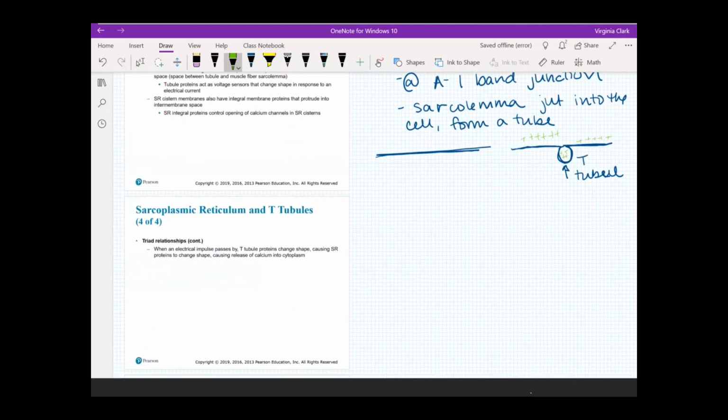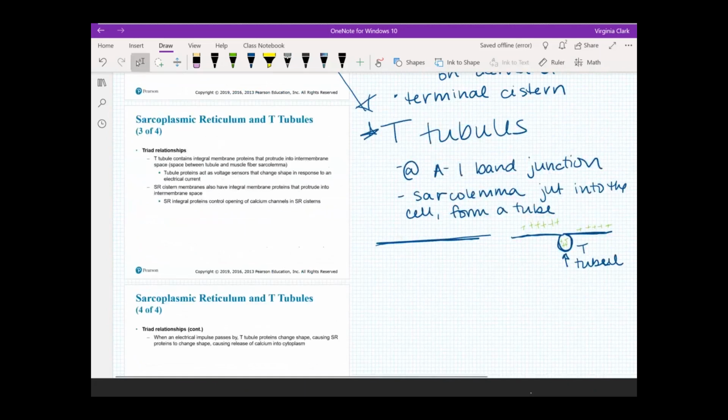So this is what I meant when I said we're going to revisit some topics and concepts from chapter 3, the whole how the plasma membrane works. The sarcolemma, which is the plasma membrane, works that exact same way. So that is what we're talking about. We can increase our surface area of our sarcolemma, we can put it inside our cell, and we can have electrical activity deep inside our cell.